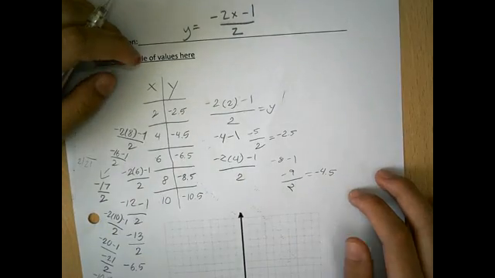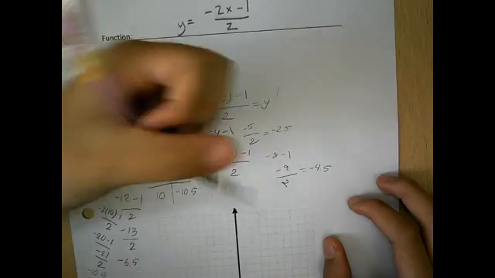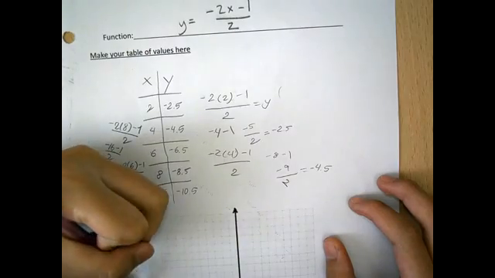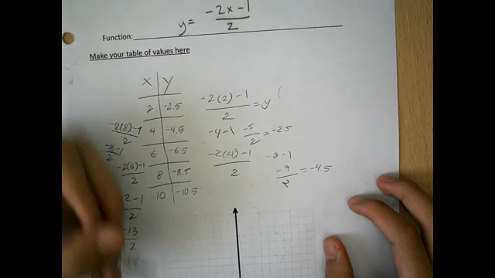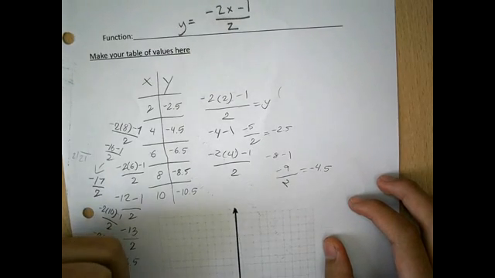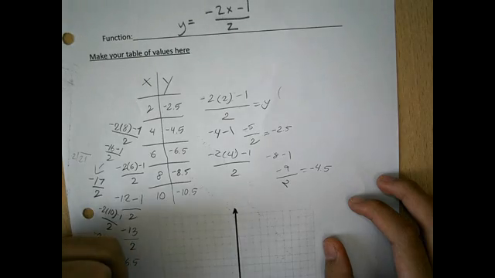Now we have to graph them. So this is the x-axis and this is the y-axis. And so the first coordinates would be 2, comma, negative 2.5.